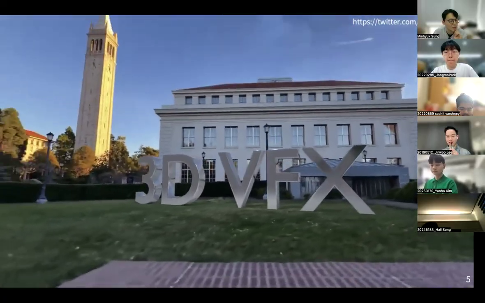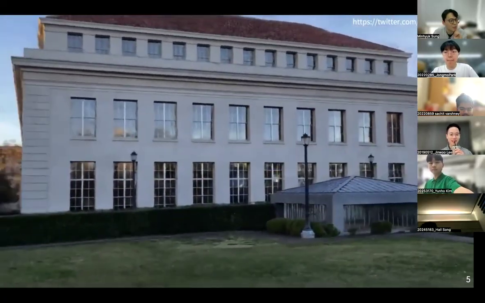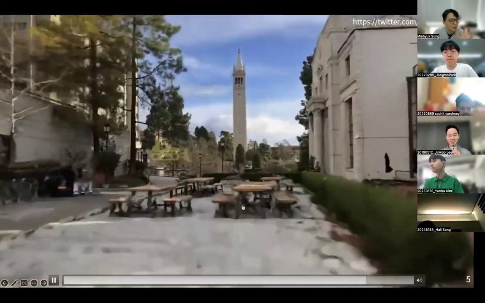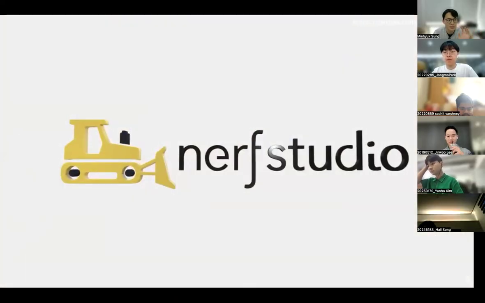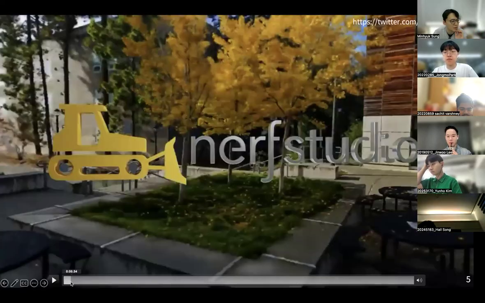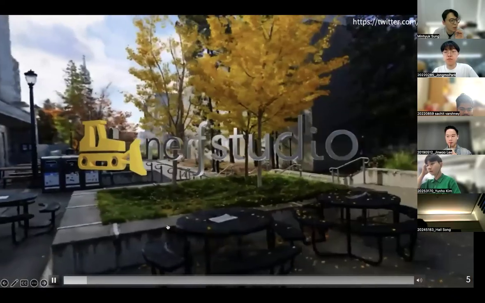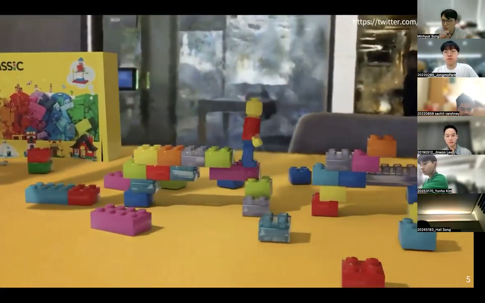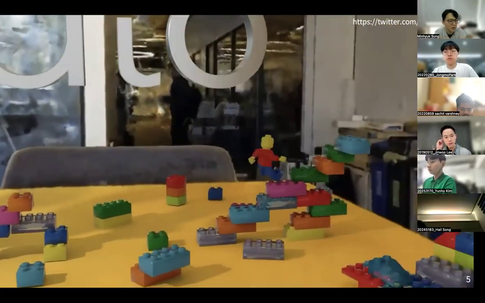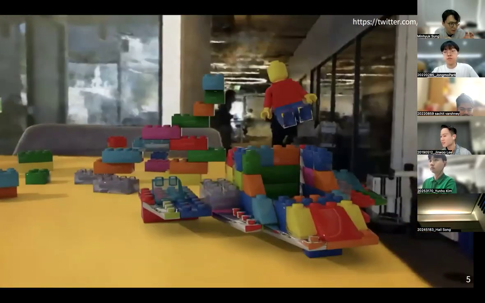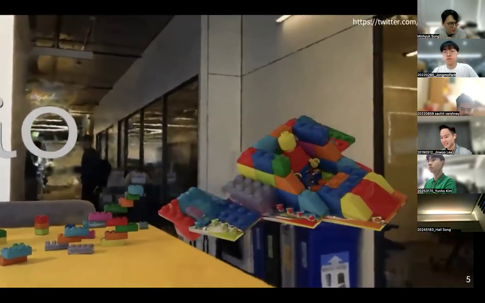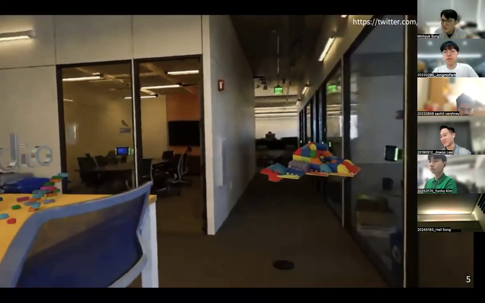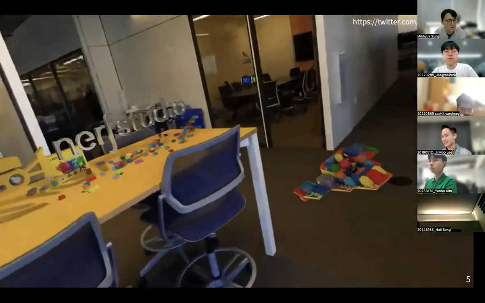So what you are now seeing is a reconstruction of 3D scenes that has been achieved using multi-view images, in a way that now we can navigate the reconstructed space as we play games, right? And also we are placing some virtual objects, also with some animations, inside the reconstructed 3D scenes.